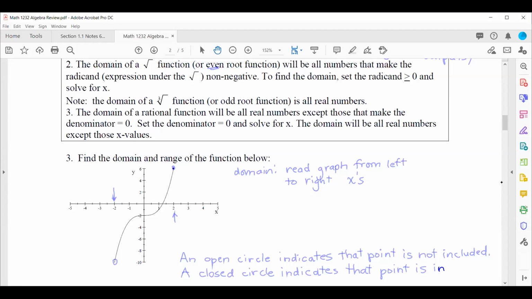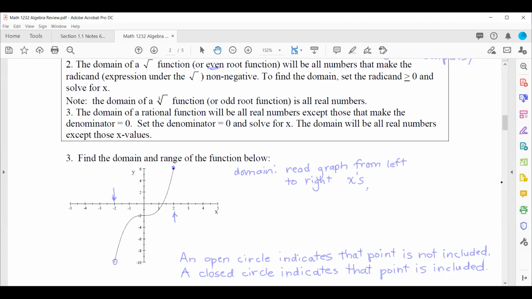When we start talking about calculus, which we'll do next week, we start talking about limits, and this concept is pretty important. All right, so what's happening at the -2, where x is -2, because of the open circle, we do not include -2 in the domain.